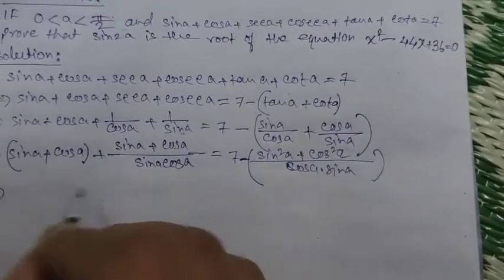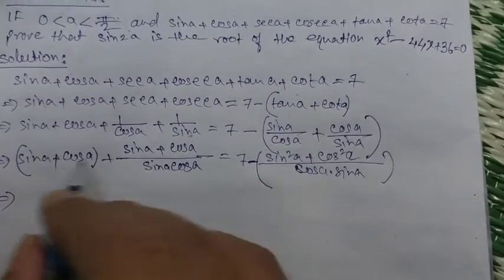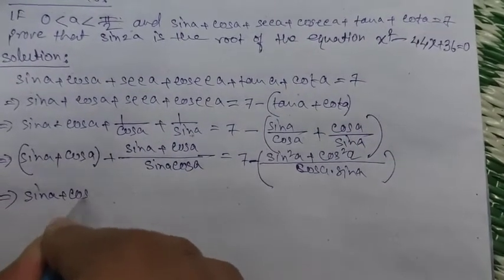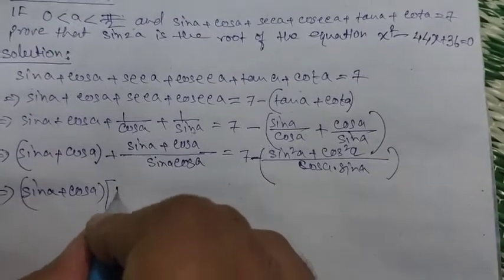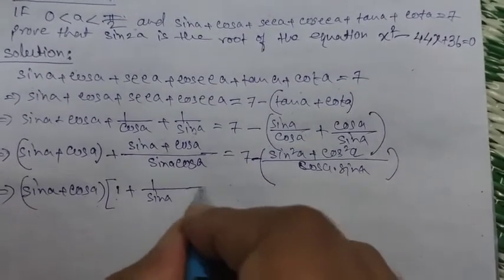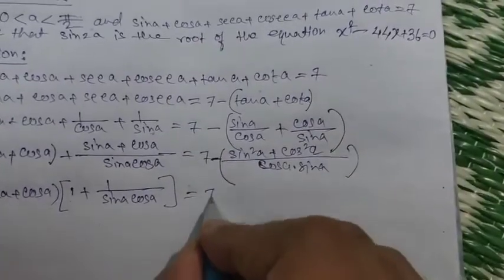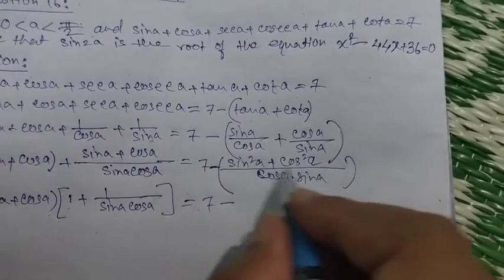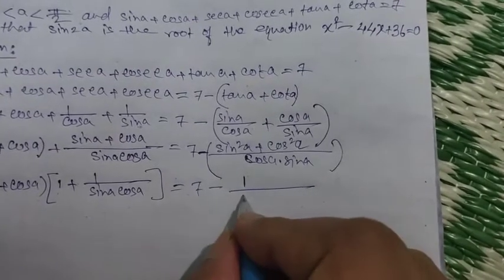Now from these two terms we will take sin a plus cos a common. So sin a plus cos a we take common, then the remaining result will be 1 plus 1 by sin a into cos a. On the right, 7 minus sin square a plus cos square a, we know that is 1, so we put 1 here, over sin a into cos a.